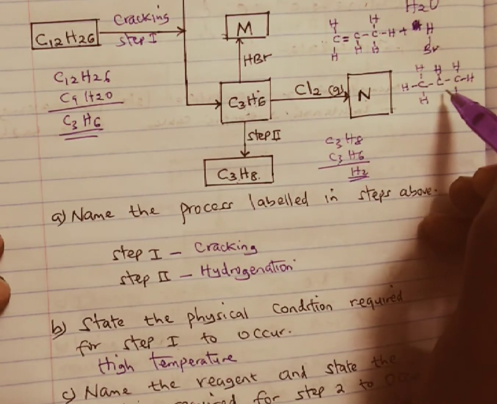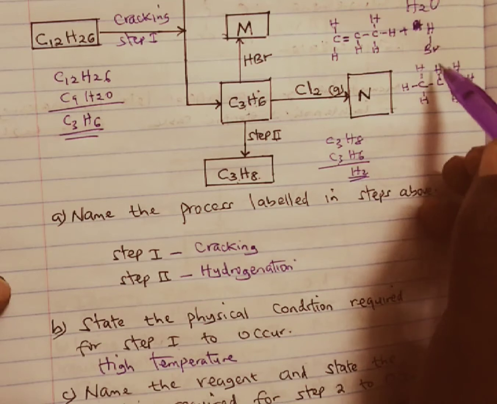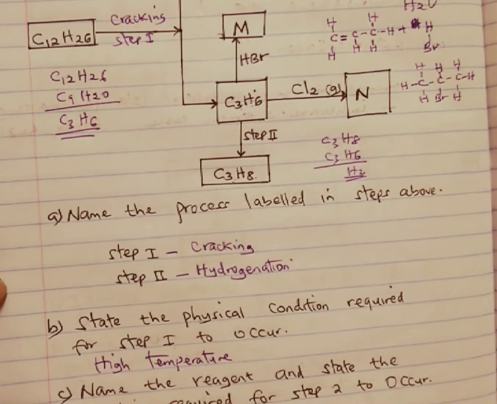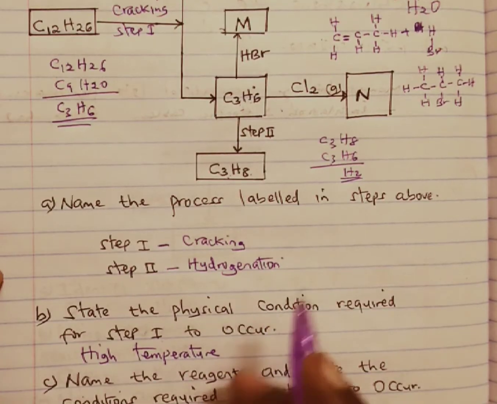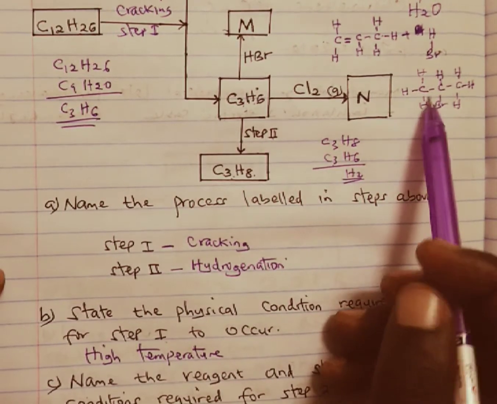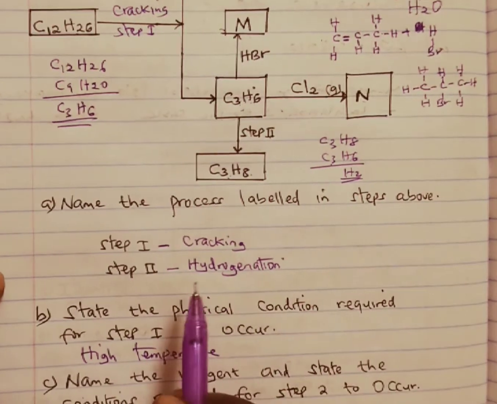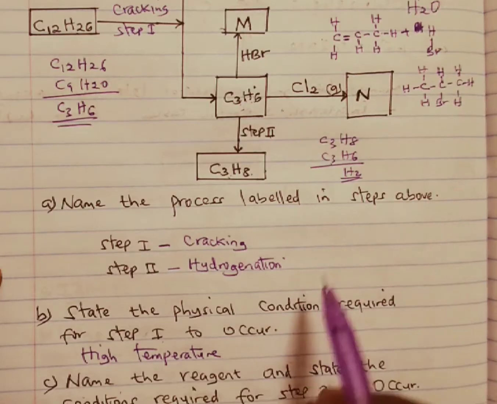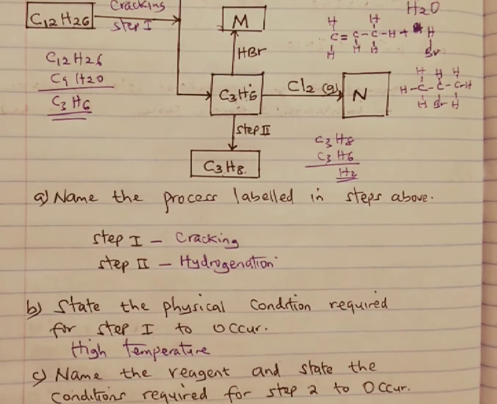Then of course the bromide part will simply come and attach itself there, such that we have now what we call bromopropane. This one is bromopropane, though we were not asked about that.